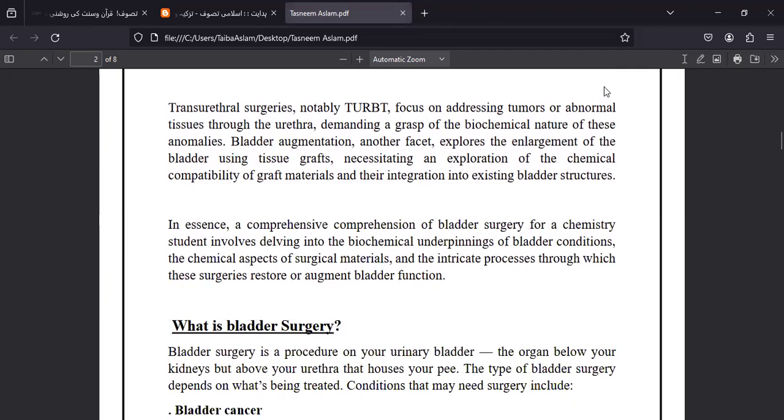In a sense, our comprehension of bladder surgery for chemistry students involves delving into the biochemical underpinnings of bladder conditions, the chemical aspects of surgical materials, and the intricate processes through which these surgeries restore or augment bladder functions.